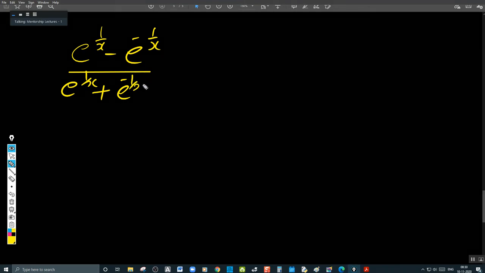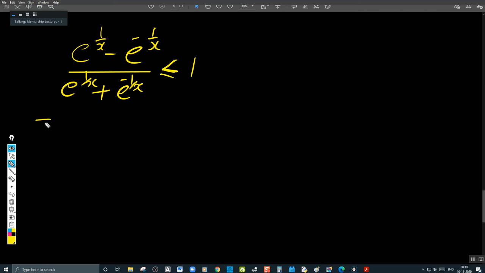You all know e power anything is always positive. The function name itself is exponential function. And the numerator is obviously smaller, the denominator is greater. And hence, it should always be less than or equal to 1.